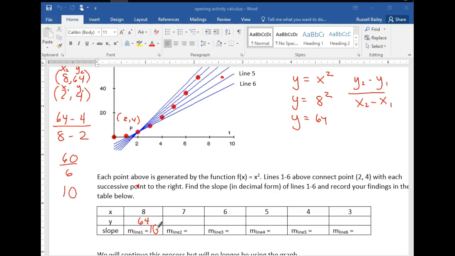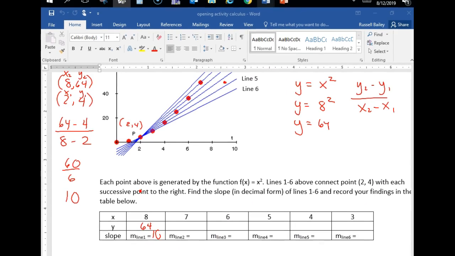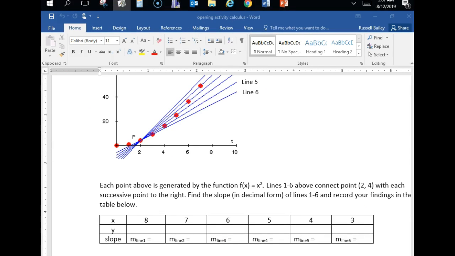If you guys want to try doing the 7 really quick to make sure you got it, I'll pause and let you try it out and show you what you did in a minute. All right, so we said this was 64 and this was 10, right?